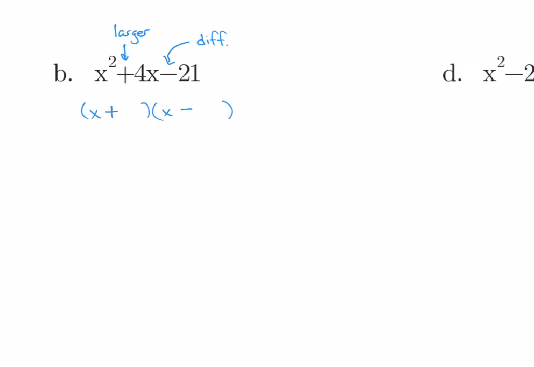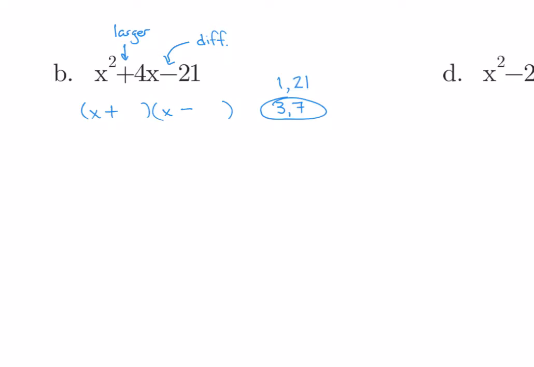Now I want to go ahead and figure out all the things that multiply to 21. You have 1 and 21. You also have 3 and 7. If you have different signs, do we want to add or subtract to 4? Different signs, remember we subtract, keep the sign of the larger number, so we're going to go with 3 and 7. 3 and 7 subtract to 4.